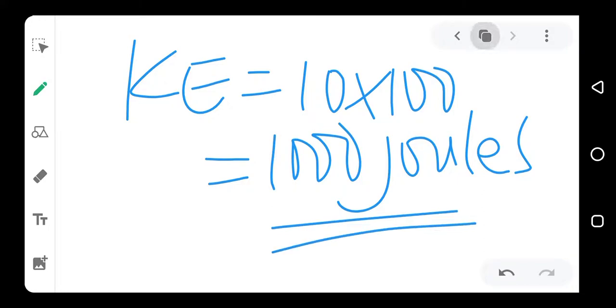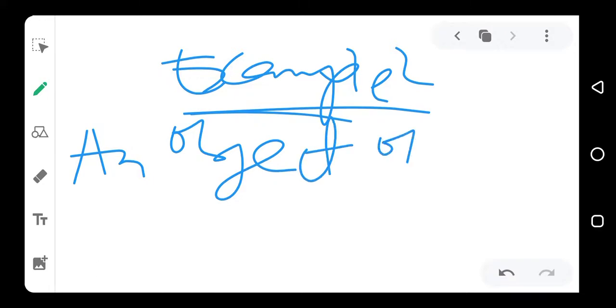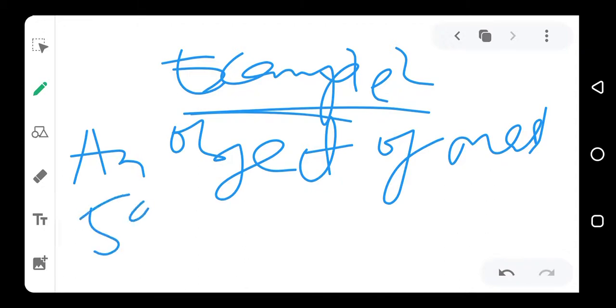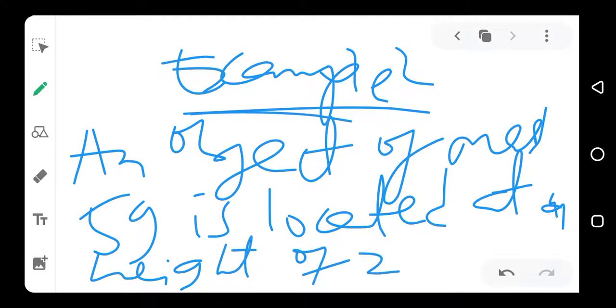Now example 2. For example 2, an object of mass 5 gram is located at a height of 2 meter, full stop.